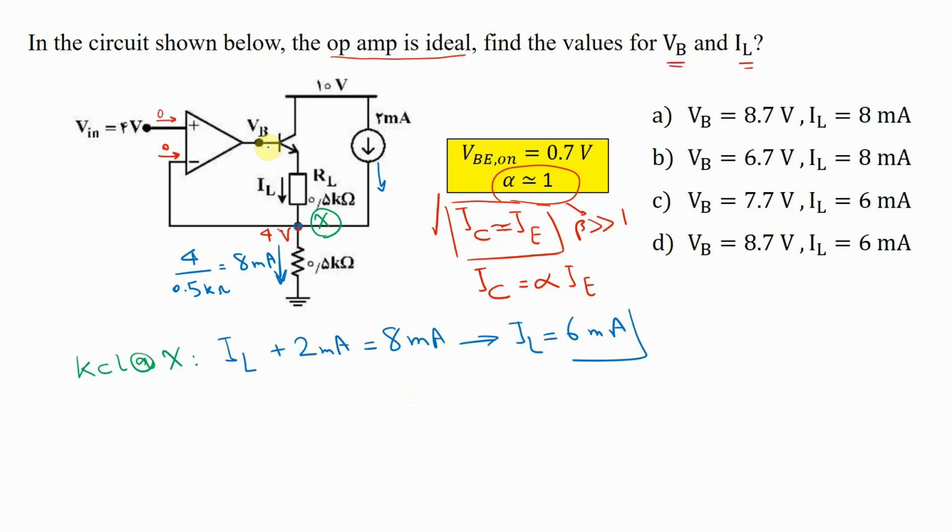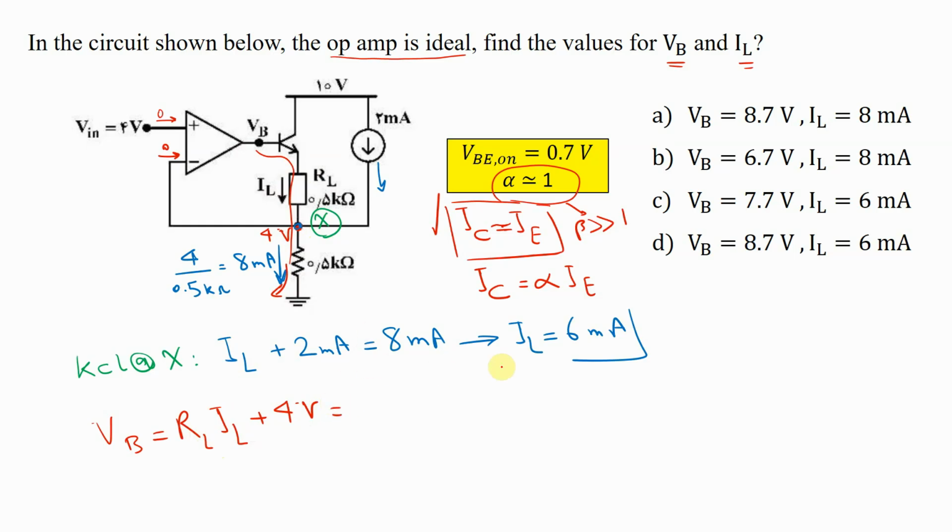And now how about VB? To calculate VB you can use KVL in this path. What is VB? VB is equal to the voltage drop through RL, which is RL times IL, plus this node voltage, 4 volt.